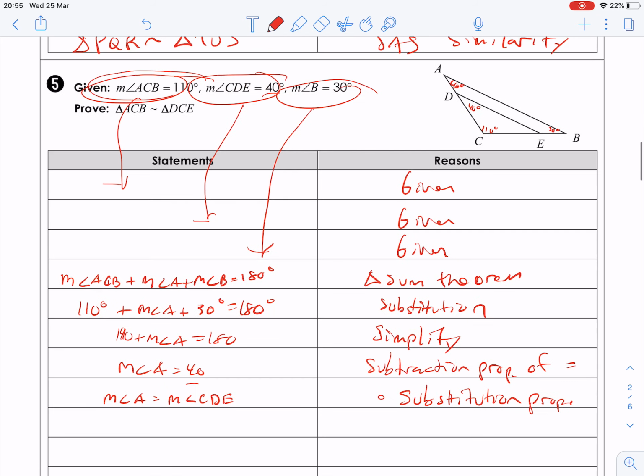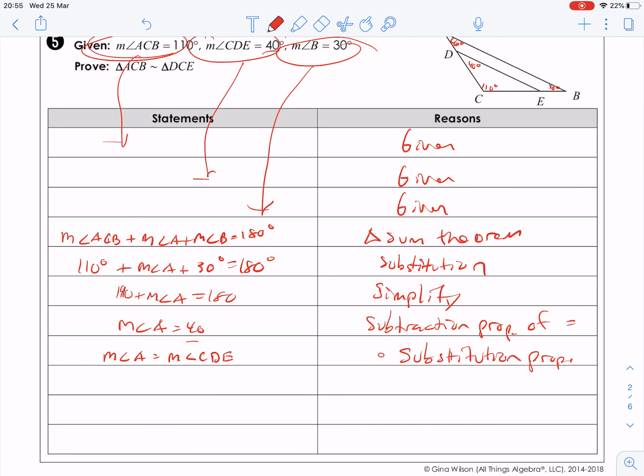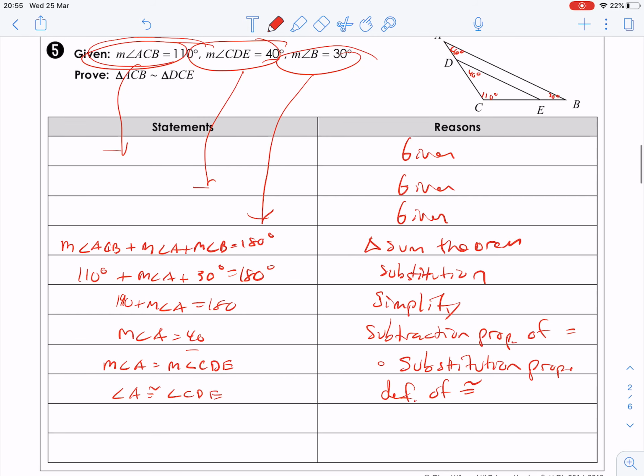Okay, so we know those are equal. And then we can say they're congruent because of definition of congruence. And one more. We can also say angle ACB is congruent to angle DCE because of reflexive property.